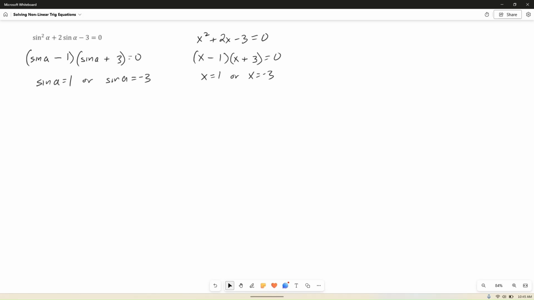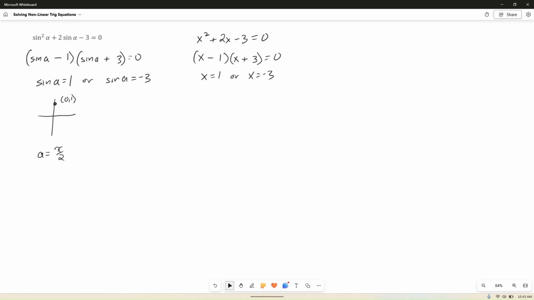And then we can solve each of those separately. So when is sine of alpha equal to 1? Sine is the y-coordinate. Sine is equal to 1 at the coordinate 0, 1, which is on the y-axis, and that happens at a pi over 2 angle. So I know alpha has to be pi over 2.